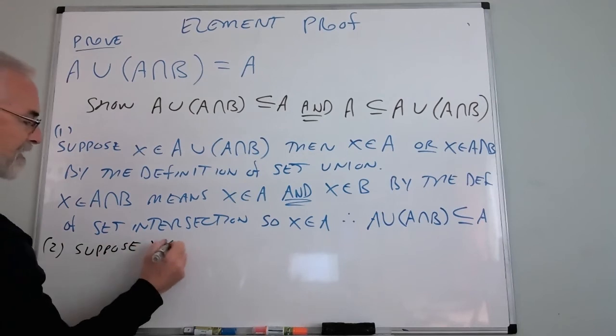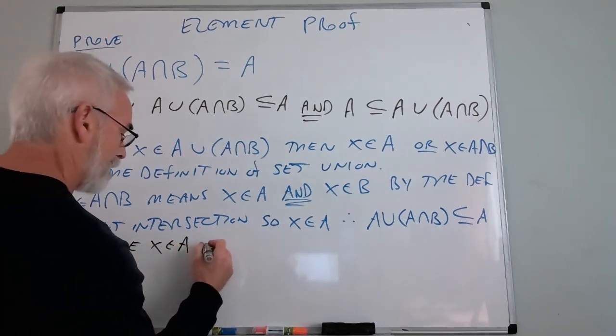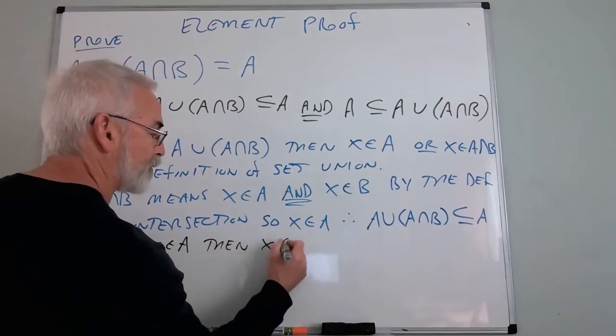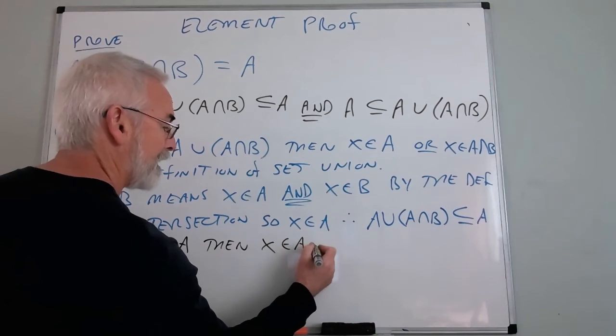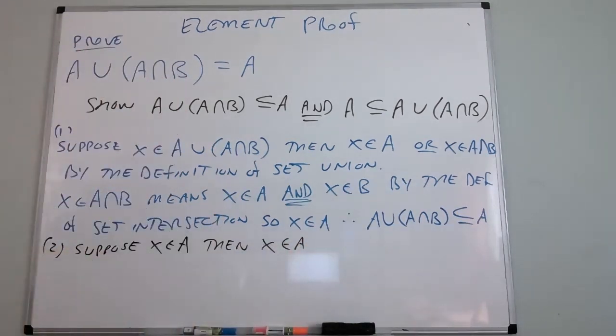Okay. So now we're going to say, suppose X is in A. Now I got to show if X is in A, then what does that mean? If X is in A, then would you say it's true that X is in A? Whoops. Which way am I going to go?